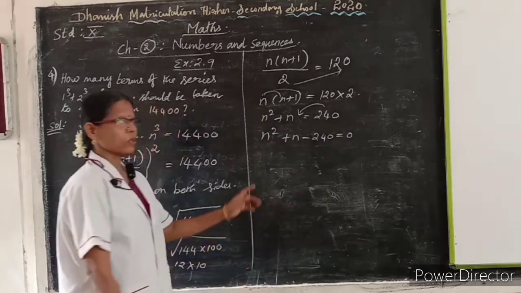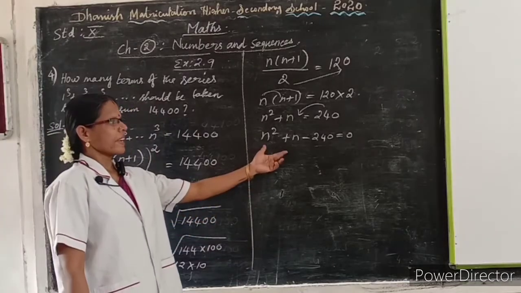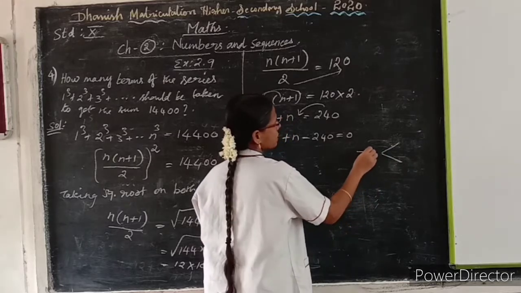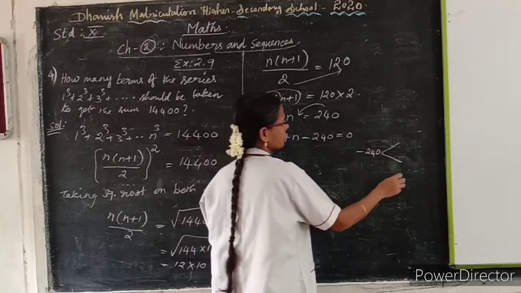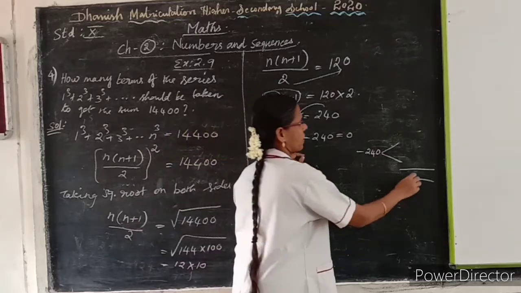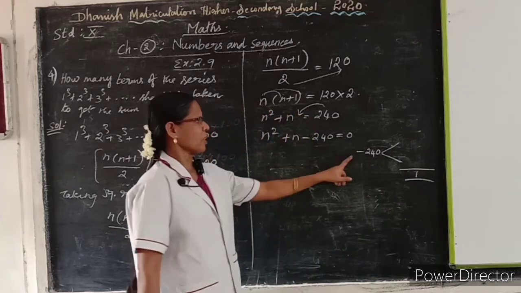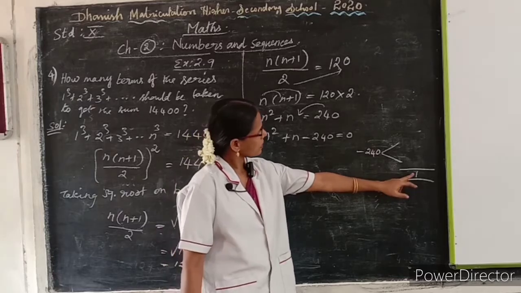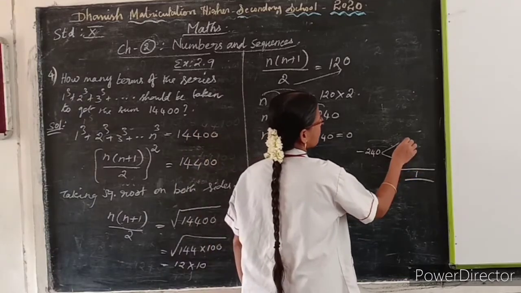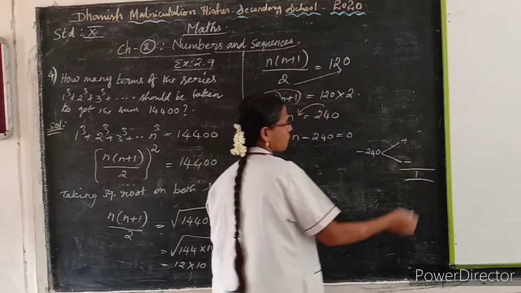Now it is a quadratic equation in terms of n, so solve by factorization. The coefficient of n is 1, the constant is minus 240, so the bigger number is plus and the smaller number is minus.